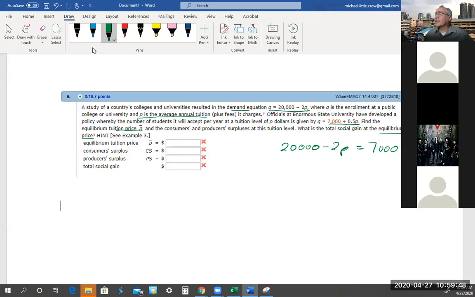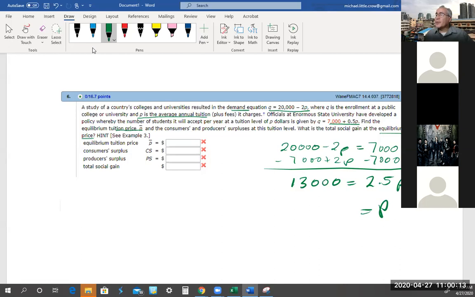Okay, so once you solve this, we could add 2P to both sides, and while we're at it, subtract 7,000. That gives us 13,000 equals 2.5P.